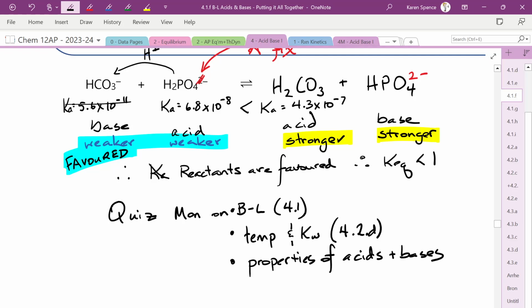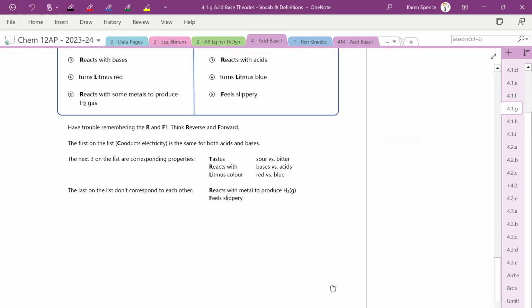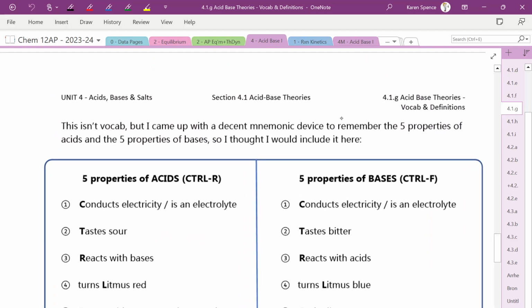And if you would like to remember those properties of acids and bases, on page 53, there is a way of remembering them, and that is 4.1G. Look at this.